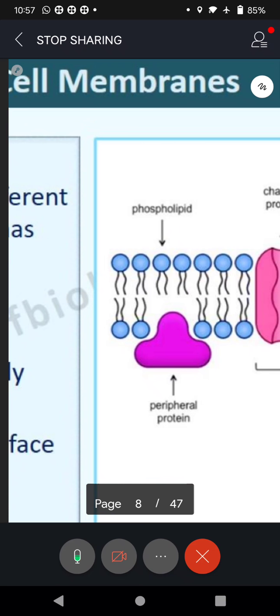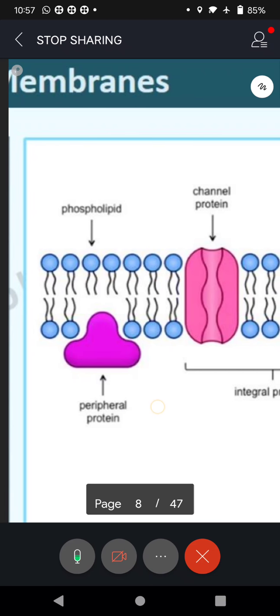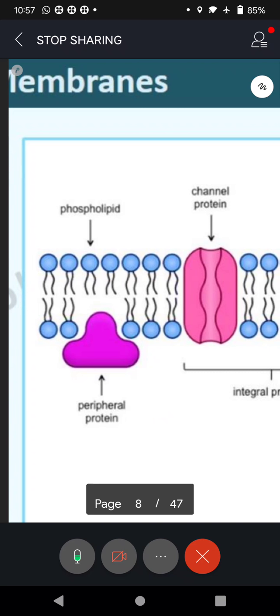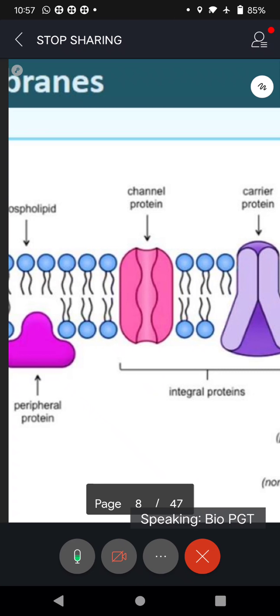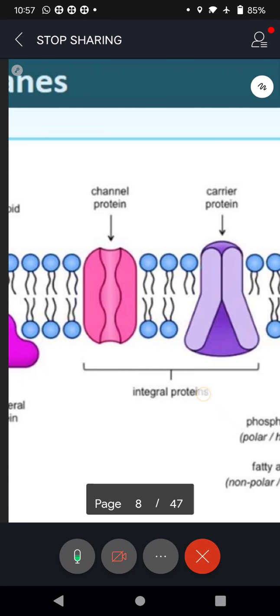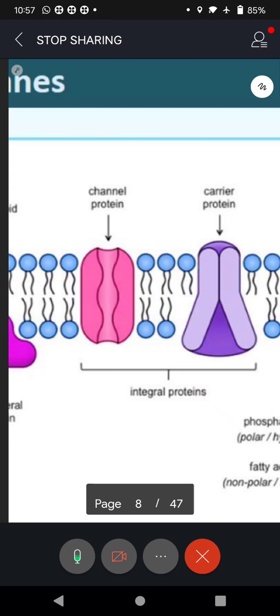Right? And I said two types of proteins will be there. Look at that. One is the peripheral protein, means outside, periphery, boundary. And another is internal. See? There are two types of integral proteins or internal proteins, means in between the lipid layer they are present. One is the carrier protein, another is the channel protein.